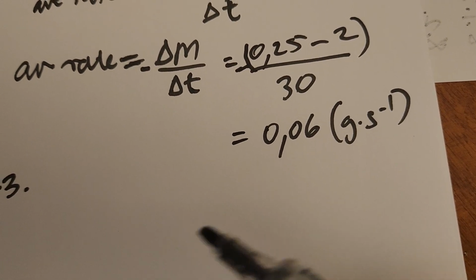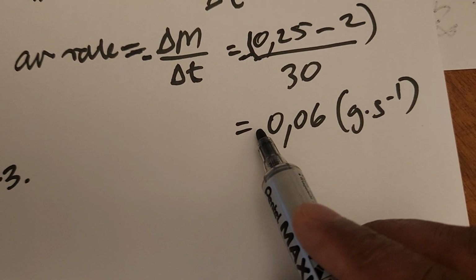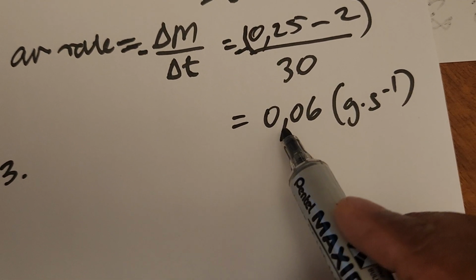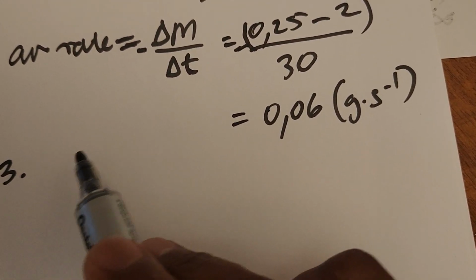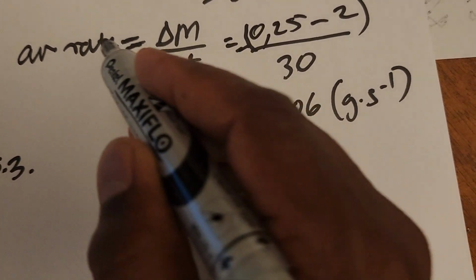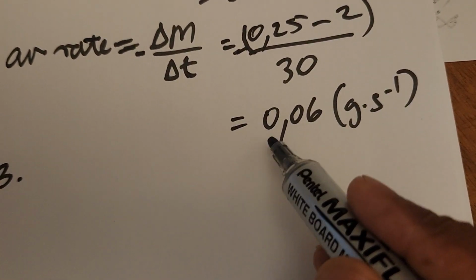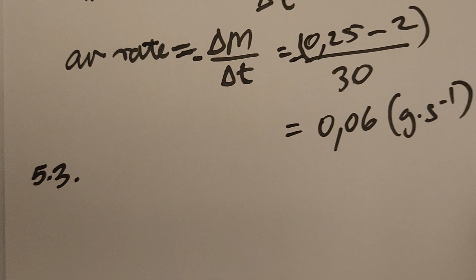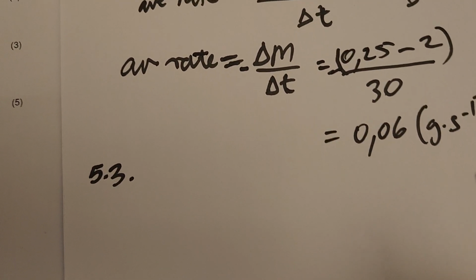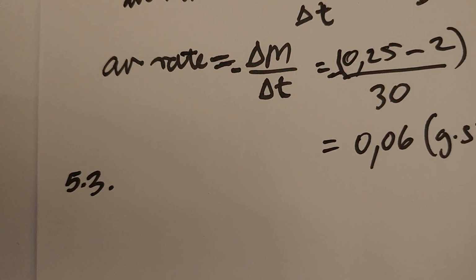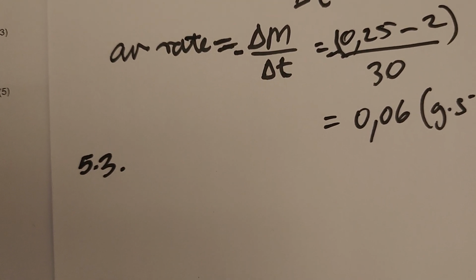You just have to ignore that. So if the learner said the rate is minus 0.06, then they must say therefore the average rate, because average rate can be negative, average rate will be 0.06. So they must make a conclusion there. So with the rate negative, there should be a subtraction of 1 mark there.